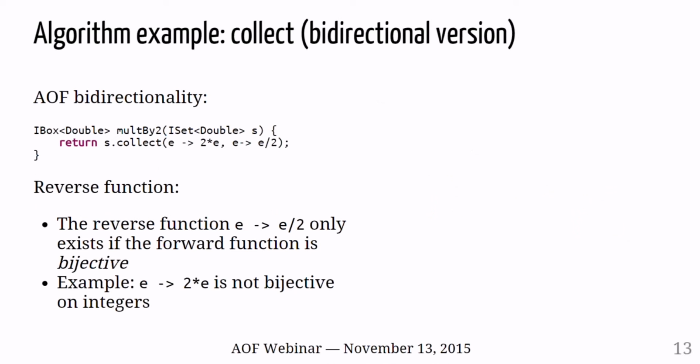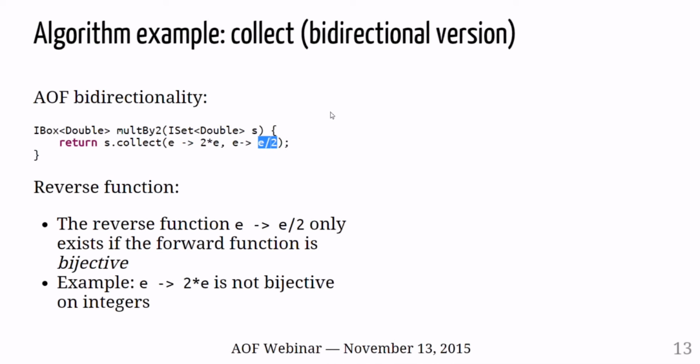So now if we want to have bidirectionality, we have to specify how we want reverse propagation to happen. In this case, in addition to the forward collector, the function that is used in the collect in the forward direction, we specify a reverse collector, which specifies how to compute a source value from a target value, the value of an element of a source set from the value of an element in the target set.